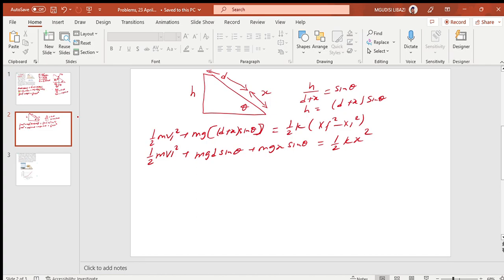Now again we have 1 over 2 m v squared, and we can substitute the values.